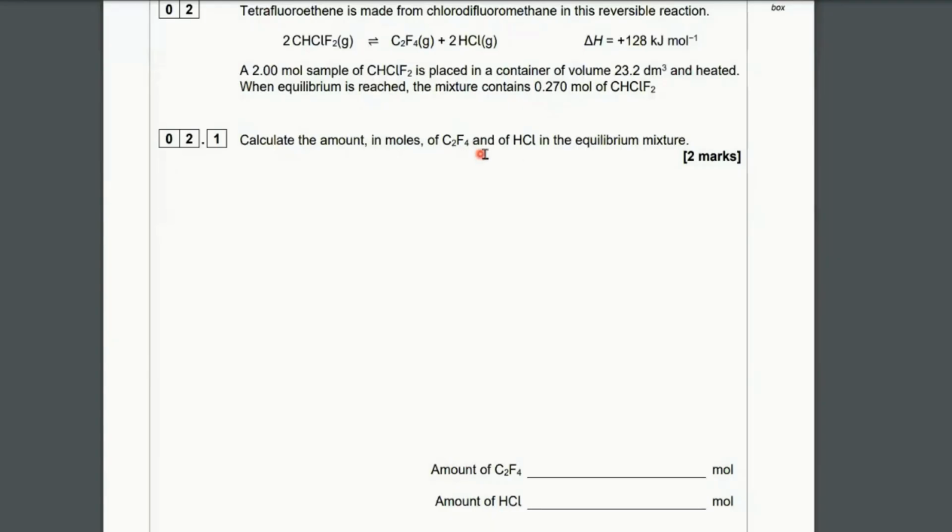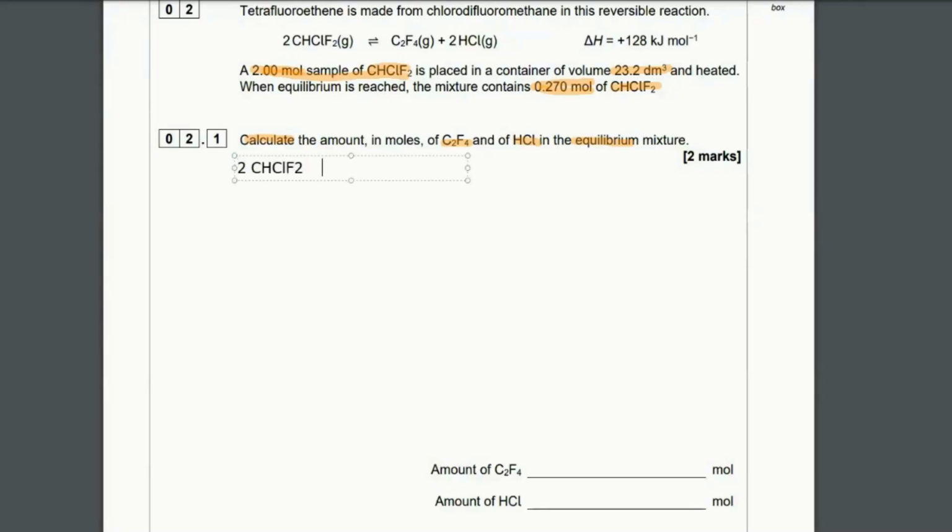A 2 mole sample of CHClF2, that's the chlorodifluoromethane, is placed in a container with a volume of 23.2 decimeters cubed and it's heated. When the equilibrium is reached, the mixture contains 0.270 moles of chlorodifluoromethane. That was the initial reactant. Okay, calculate the amount in moles of C2F4 and HCl in the final equilibrium mixture.